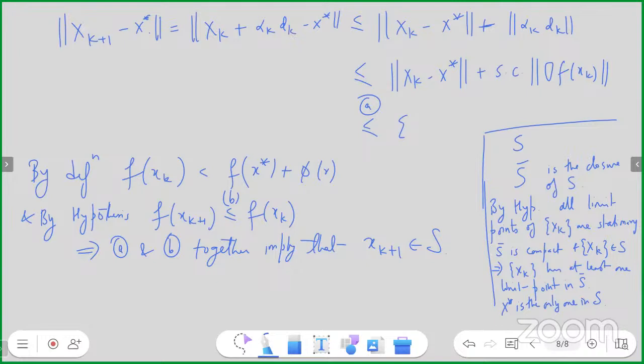So let me write it clearly. All limit points of xk are stationary, and x star is the only one in S that is stationary.